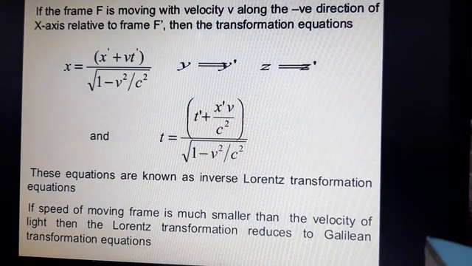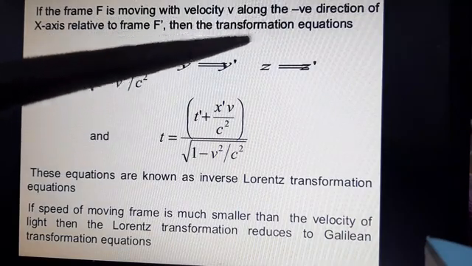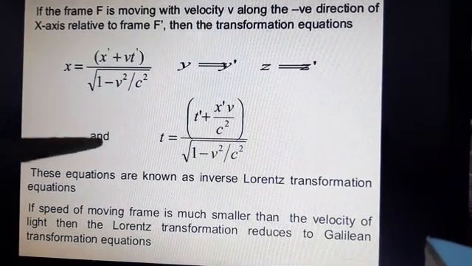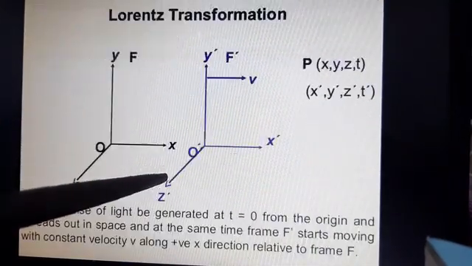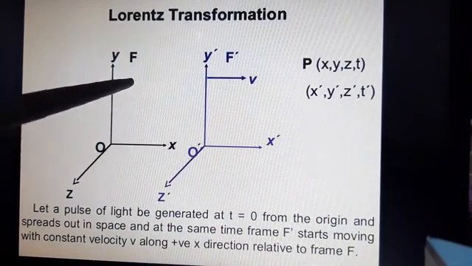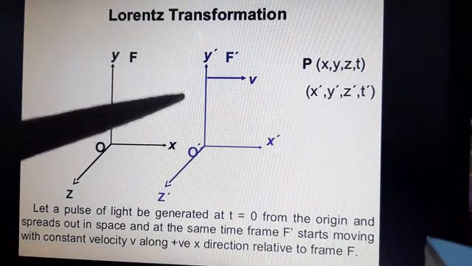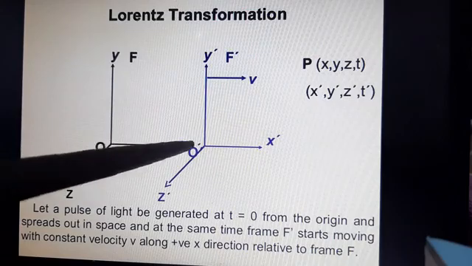If the frame f is moving with velocity v along the negative x-axis, that is, if this frame is moving in the reverse direction, the minus x-axis, then velocity is taken as minus v.